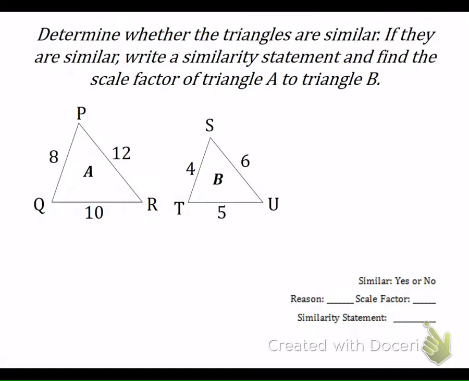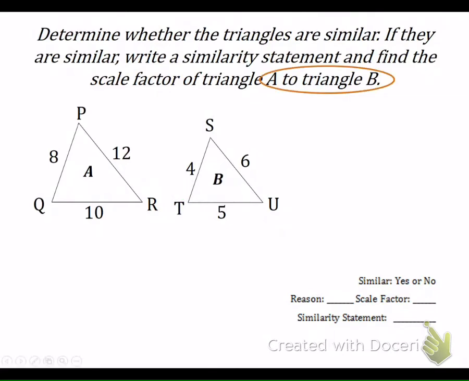Okay, so when we're doing the scale factor, that's where order matters, okay? So if the end result needs a scale factor of A to B, when I'm writing my ratios, I should start with A and go to B, okay?